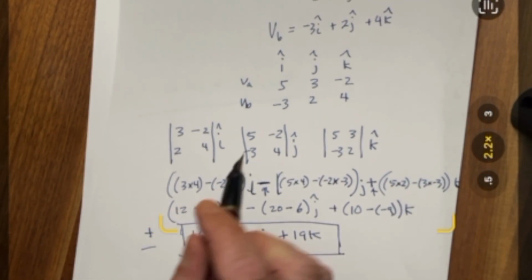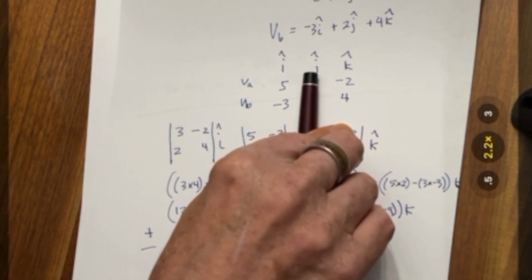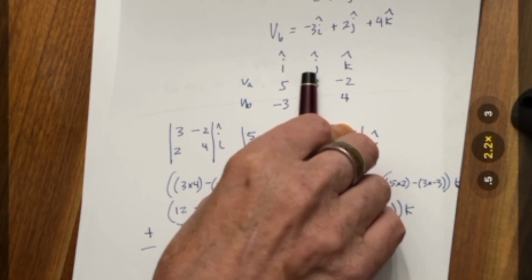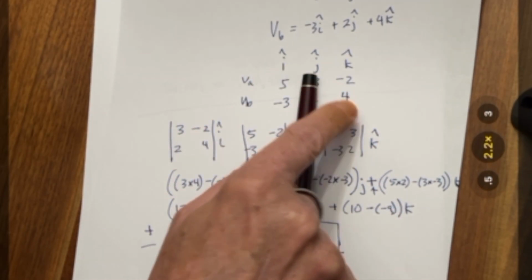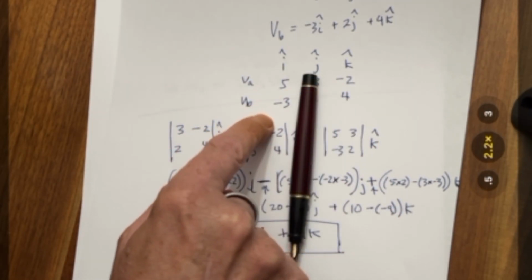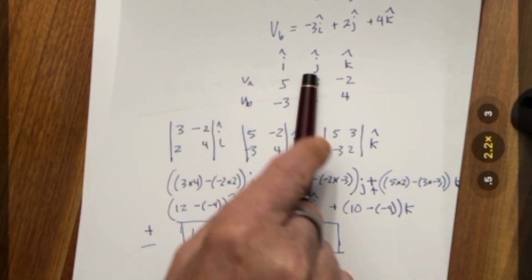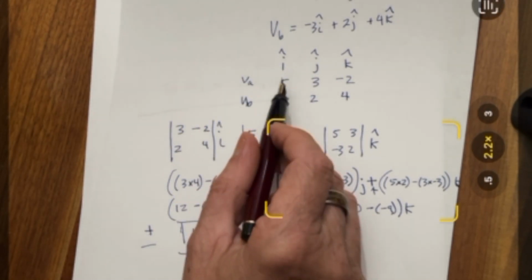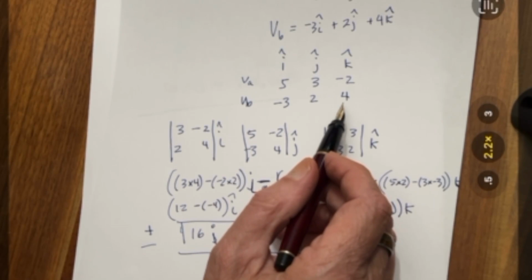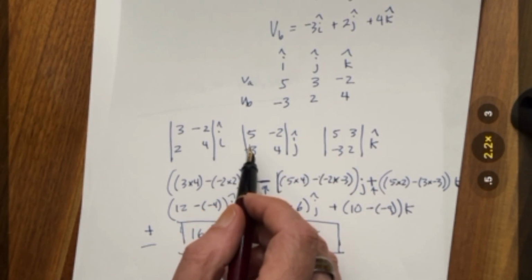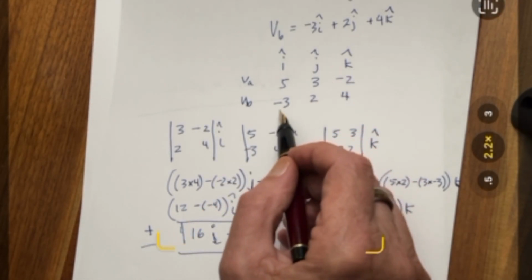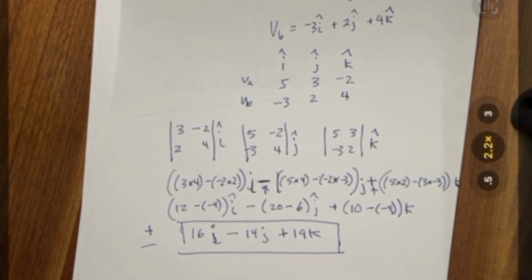So when you're doing your vector, remember, you cover up the value that you're looking for and make a matrix out of the other four values and cross multiply them. You subtract, you go upper left to lower right, subtract from that upper right times lower left.